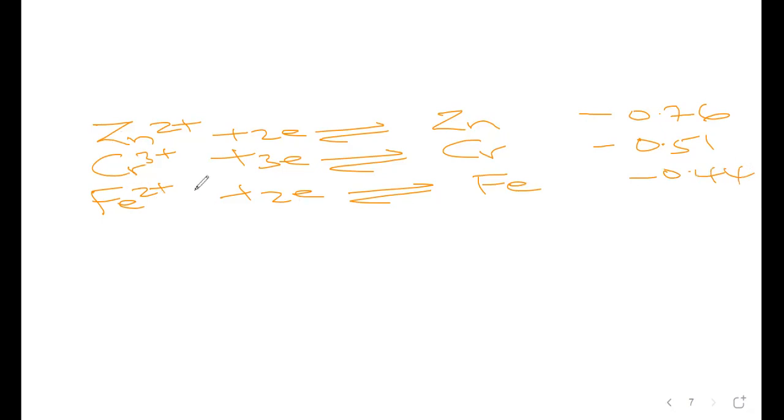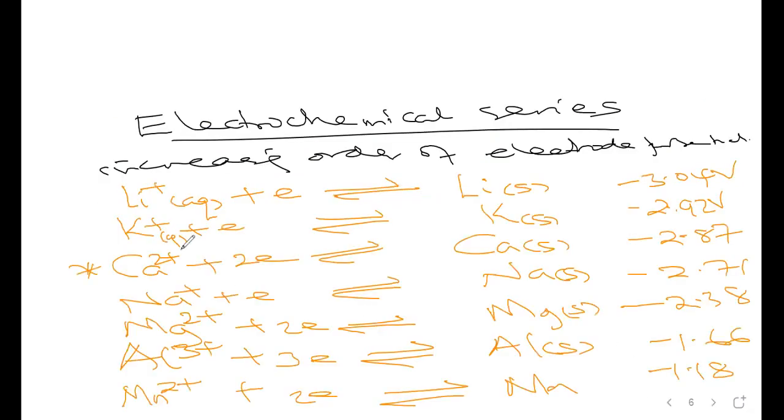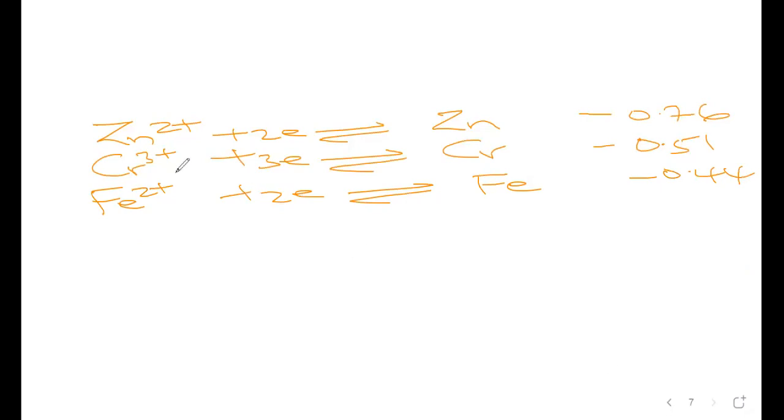I think you see the order here. From your O level, you didn't have lithium, then you had this order, you didn't have manganese, then you go to zinc, you didn't have chromium, you went to iron.